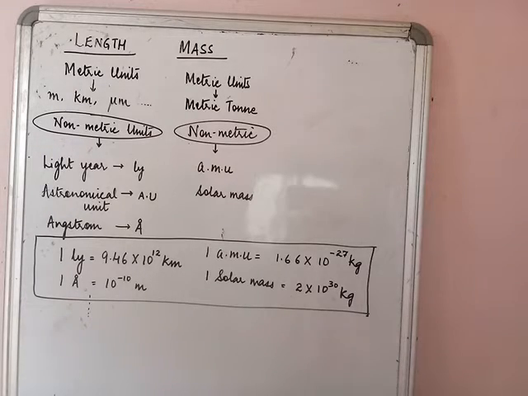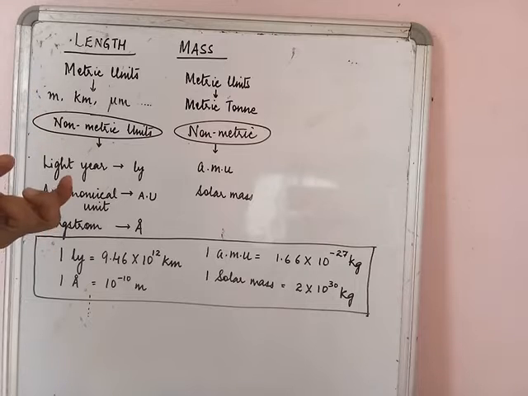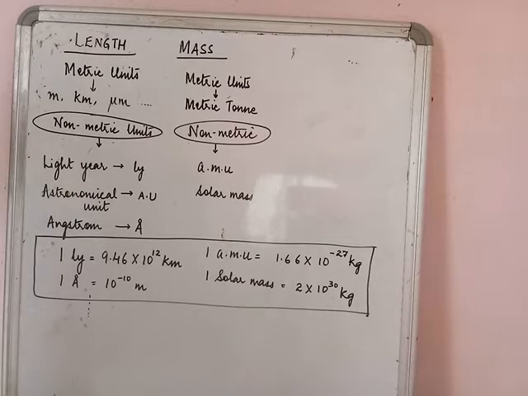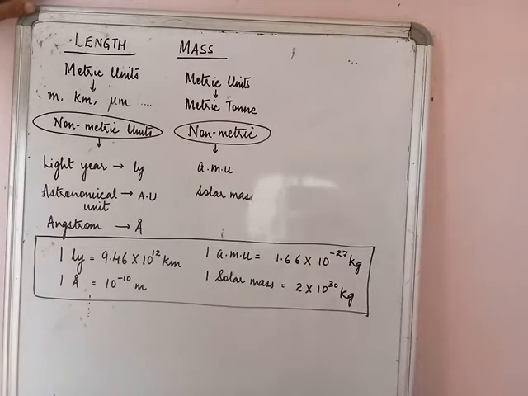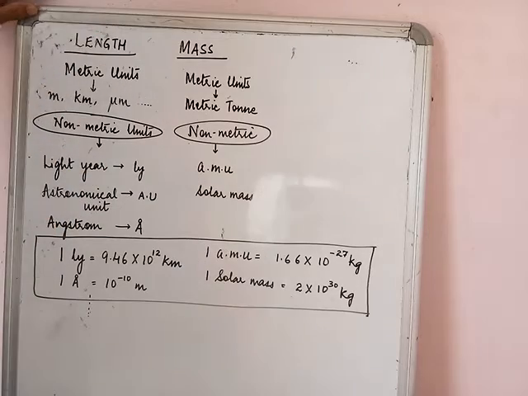So if somebody asks you which physical quantity this particular unit represents, the light year, if you have that definition in mind, you will recall that 1 light year is the distance traveled by light in 1 year. So ultimately what is being measured is the distance, so this is a unit which represents the length or the distance.